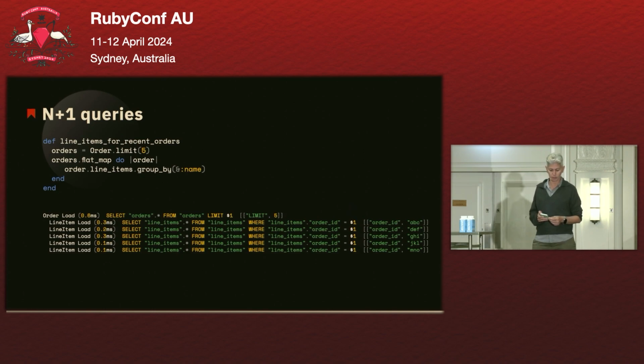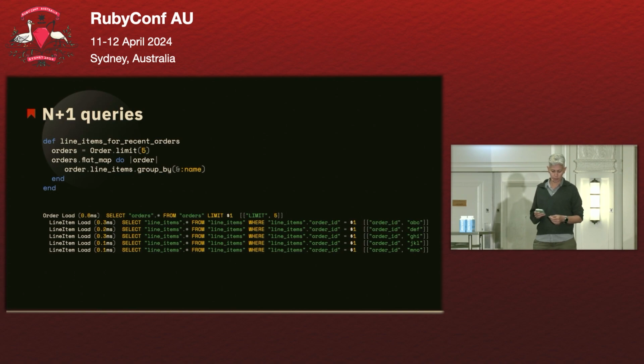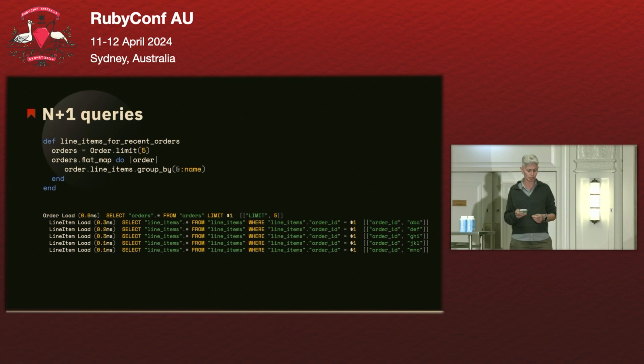In this case, we're not specifying an order. And then we are looping through all the orders to try and get all the line items that they have and group them by name. Now, in this case, you see that we have the first query to load the orders, and then the 5 additional queries to load each one of the line items for each one of the orders.